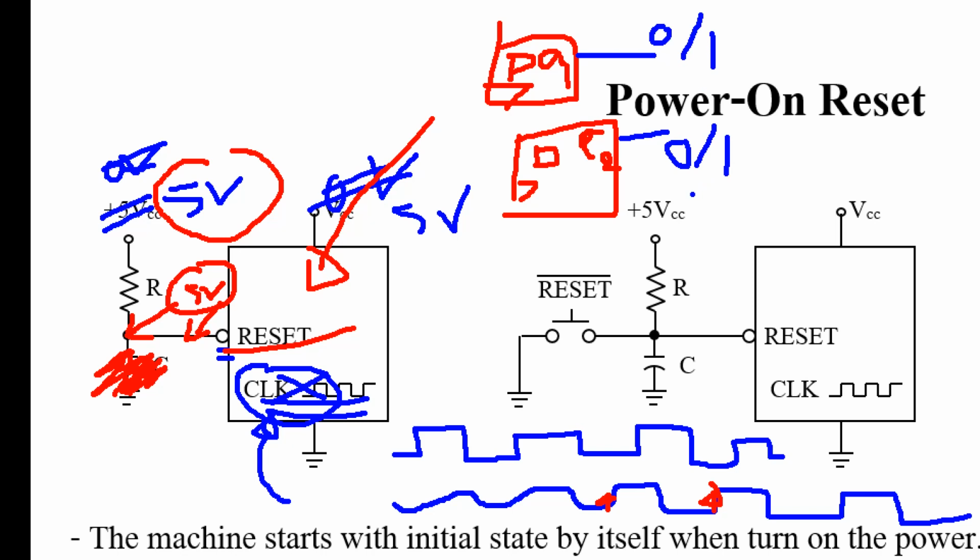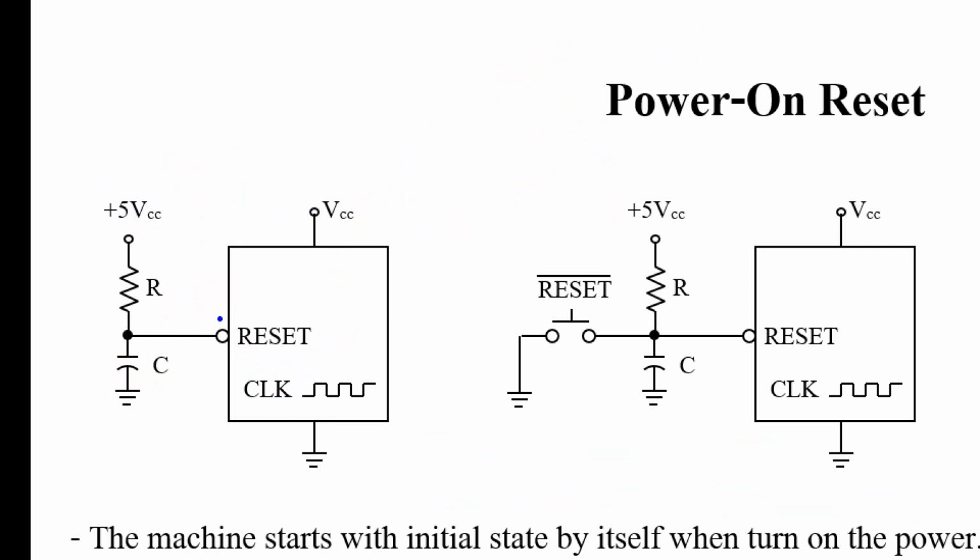It's quite random. If you want to reset, you need to apply a reset signal, but for some applications, for some circuits, it's better if when you apply the power, the circuit starts with the initial state by itself. So how to do it?